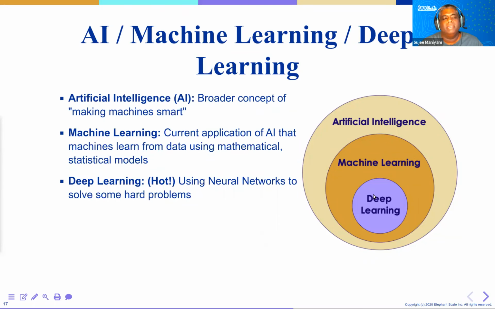Deep learning is a special subset of machine learning. It uses a technology called neural networks. And deep learning is pretty hot right now. There's a lot of research going on, a lot of attention being paid. Deep learning is really solving some of the hard-to-solve problems. For example, self-driving cars, right? Doing image recognition. These are all done by deep learning now, right? So a lot of research is happening in the deep learning sector.